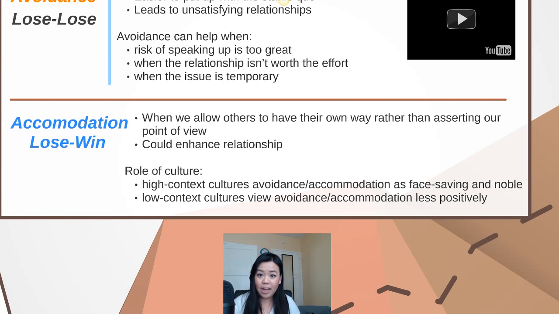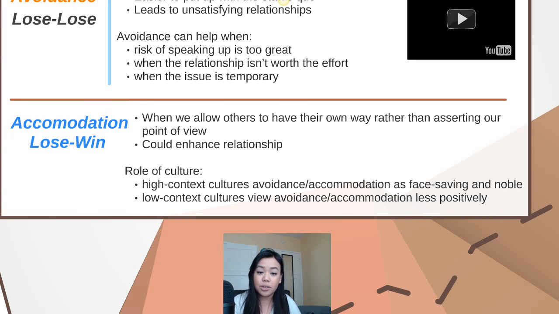And we also find that this crosses very well with culture. As we talked about in chapter 2, we talked about high versus low context cultures. High context cultures, such as Asian cultures, some Middle Eastern cultures, some Latino cultures, see avoidance and accommodation as face-saving and noble. Because high context cultures also tend to be collectivist, meaning for the group and not for the individual, they see accommodation as very preferable, as noble, as the right thing to do.